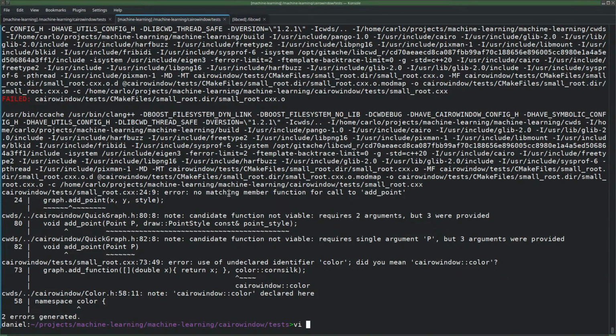No member function for call to add points or not.